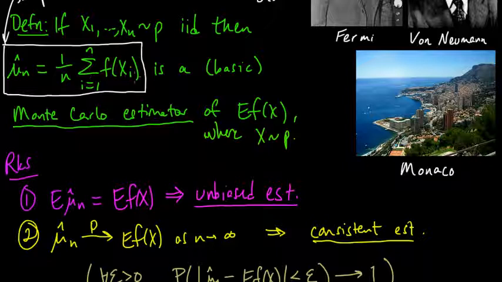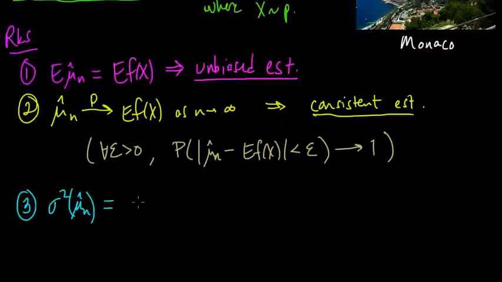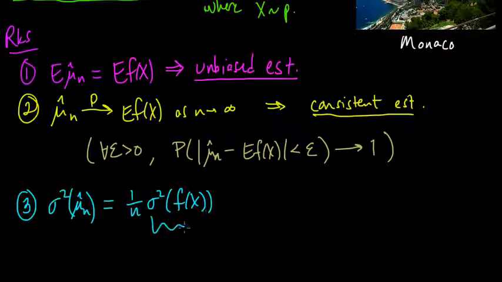So we get n times the variance of f of x, and that cancels one of the n's in the denominator. So what we get is 1 over n times the variance of f of x. That is the variance of our estimator. And this part here is just a constant.